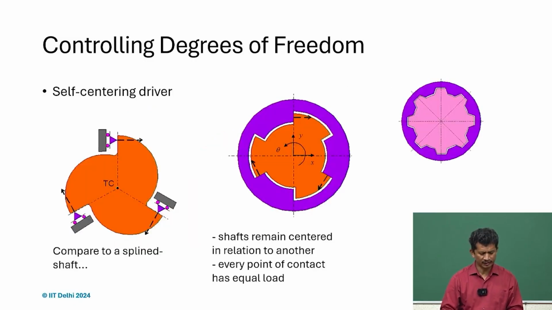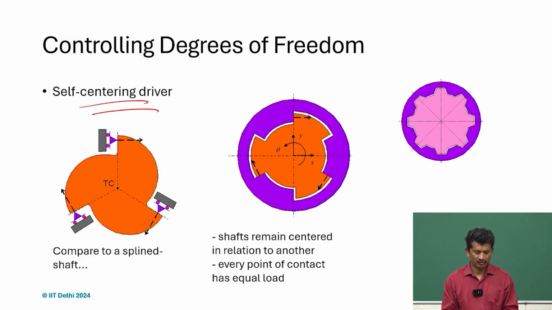The next is, how about providing a radial constraint, or suppose you want to align 2 shafts or 2 components along a certain axis, how to design that. The term used here is self-centering driver.